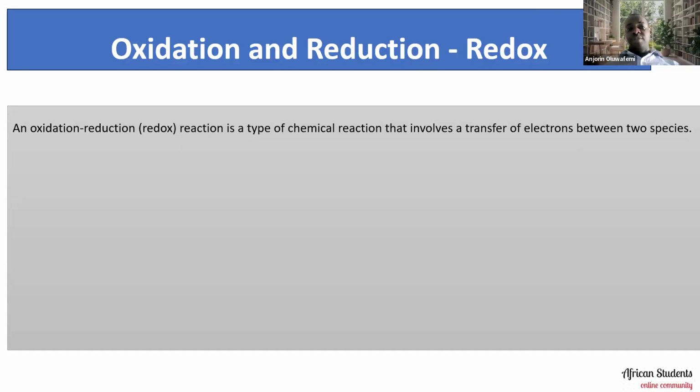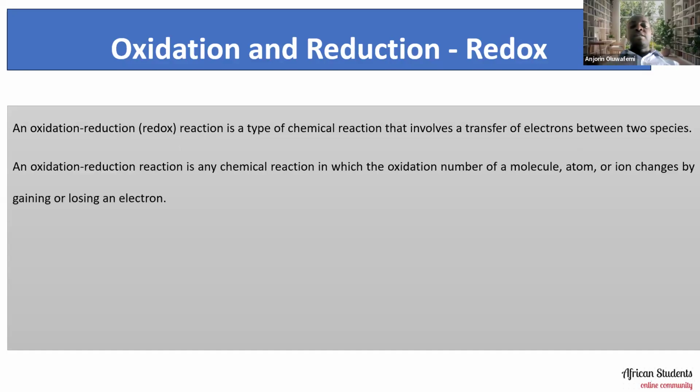We can also say that an oxidation reduction reaction is any chemical reaction in which the oxidation number of a molecule, atom, or ion changes by gaining or losing an electron. Those are two very good definitions that we can use to describe an oxidation reduction reaction.